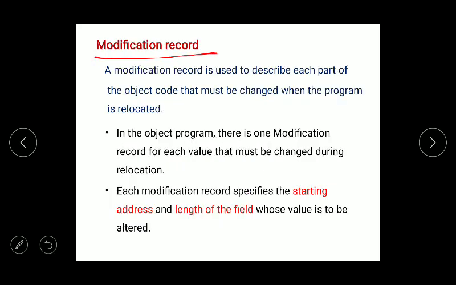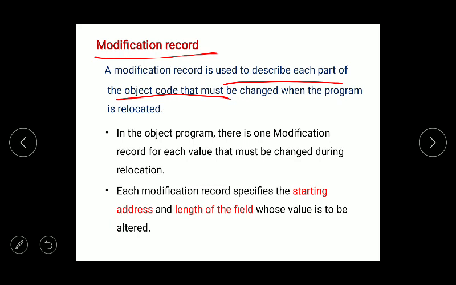Let me introduce some points about modification records once again. A modification record is used to describe each part of the object code that must be changed when the program is relocated. Do you remember the format 4 instruction of the previous module, which is indicated by a plus in your assembly level language program? Format 4 instructions require a modification record, because they have to be modified whenever the starting address has been changed.